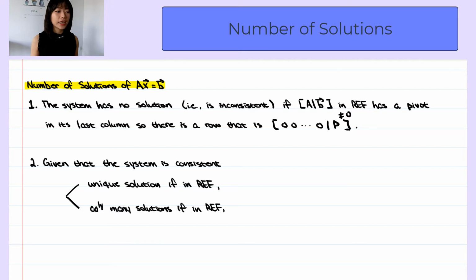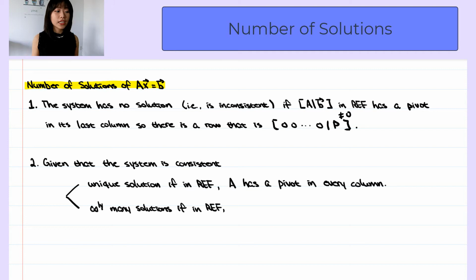And the second case is when the system is consistent. When the system is consistent, we can further classify it as when the system has a unique solution and when the system has infinitely many solutions. If the system has a unique solution, then in the reduced echelon form, the coefficient matrix A has a pivot in every column.